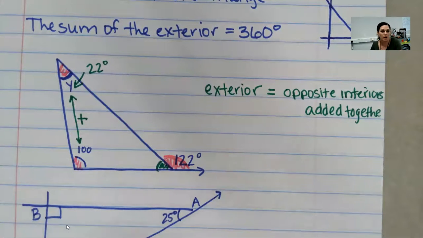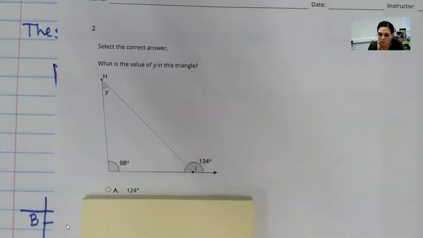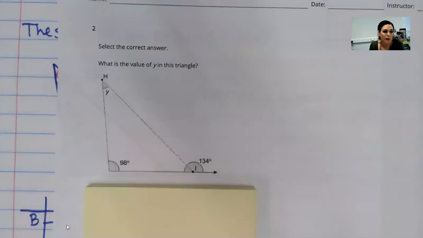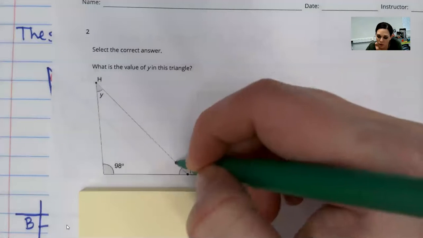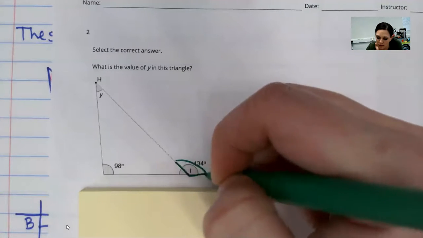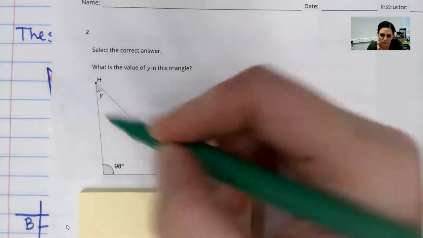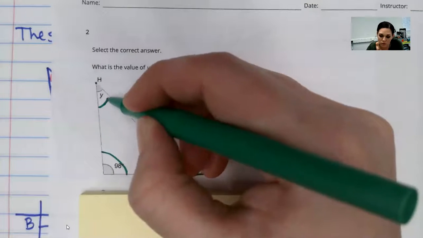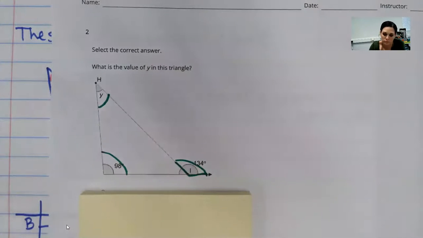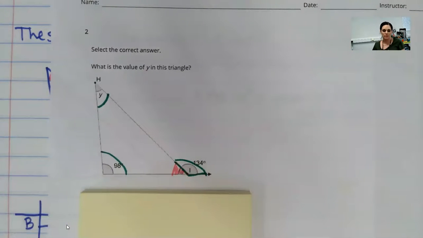Actually, let's do that problem again first. Okay, so here is this one. So I want to know, what is value y? We have 134 on this outside. What does y have to be in order to also make this true? So this exterior angle is the same as the sum of the two interior angles.